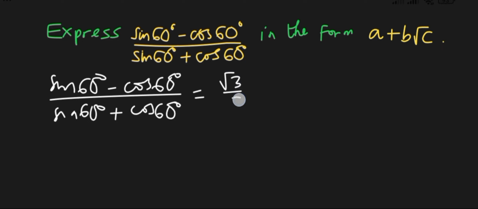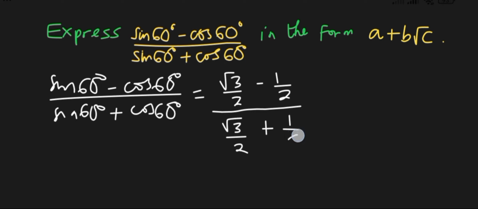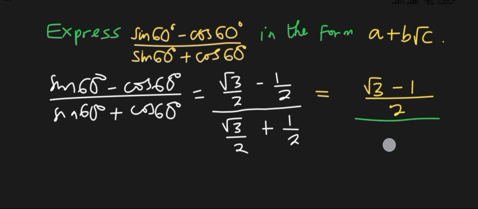So we have root 3 over 2 minus cos 60, which is 1 over 2. And the denominator will be root 3 over 2 plus 1 over 2. And both in the numerator and the denominator, the LCD is 2. So in the numerator, the LCD is 2, and we have root 3 minus 1. And in the denominator, the LCD is also 2, where we have root 3 plus 1.